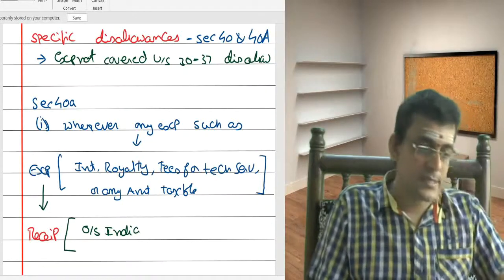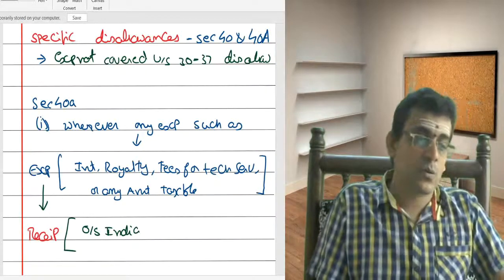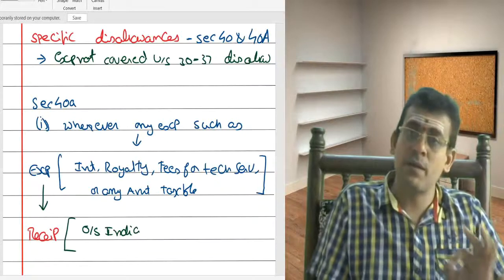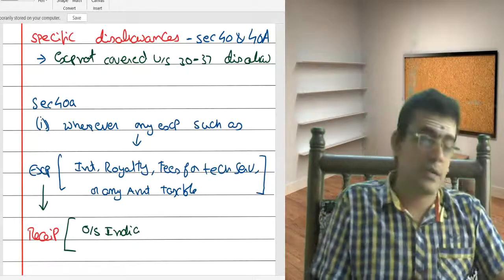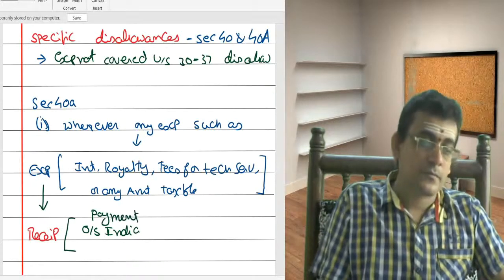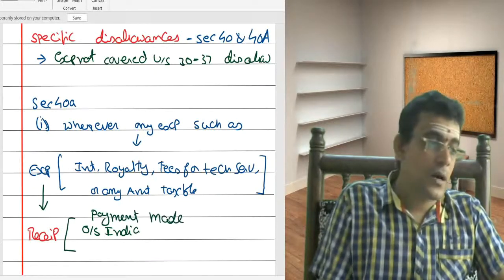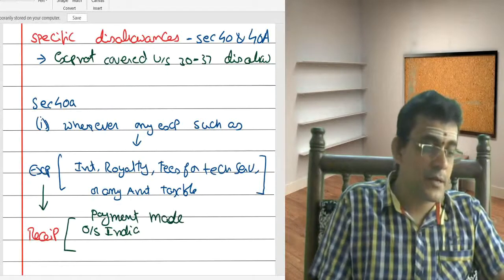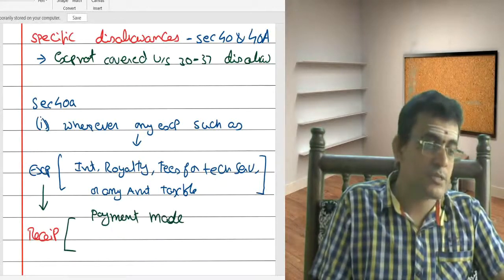So the place of making the payment is outside India. Let me put it more precisely: payment made outside India. Whenever the payment is made outside India, that is the first category.